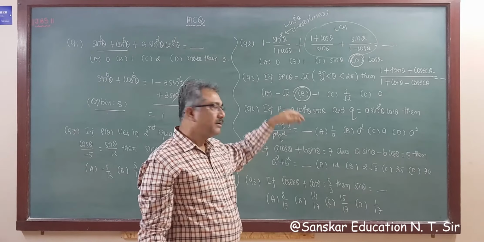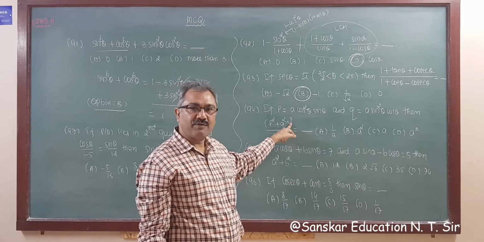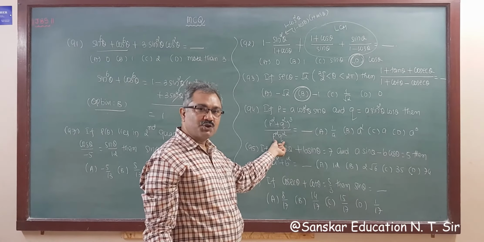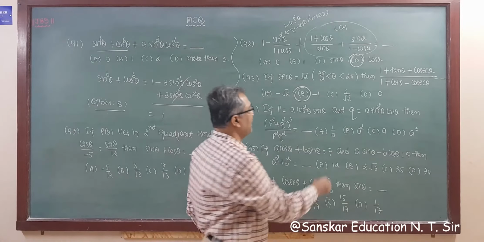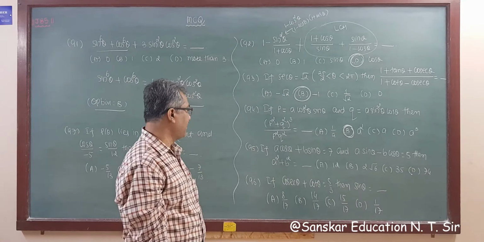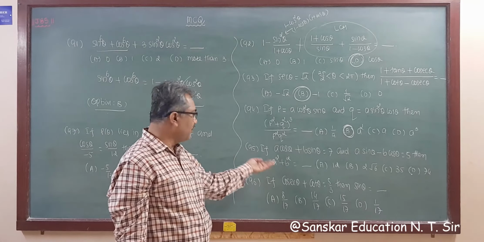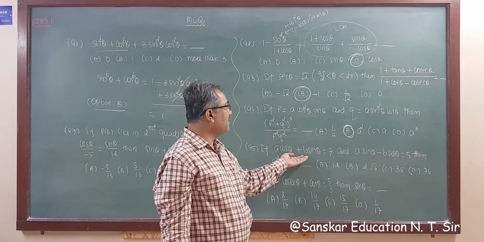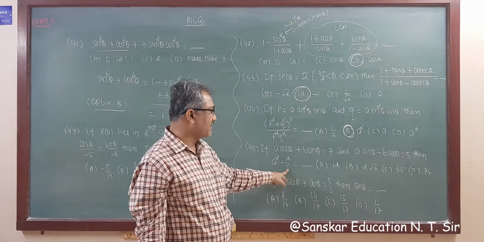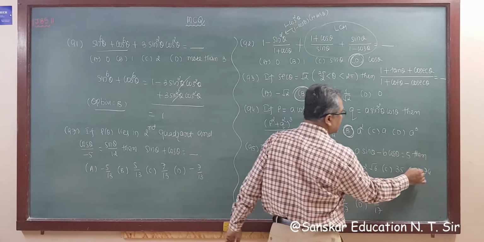Then take the cube of that, then multiply P square into Q square and simplify. You will get the answer as a square. Similarly, how do you get a square plus b square? Squaring and adding this, you will get a square plus b square.